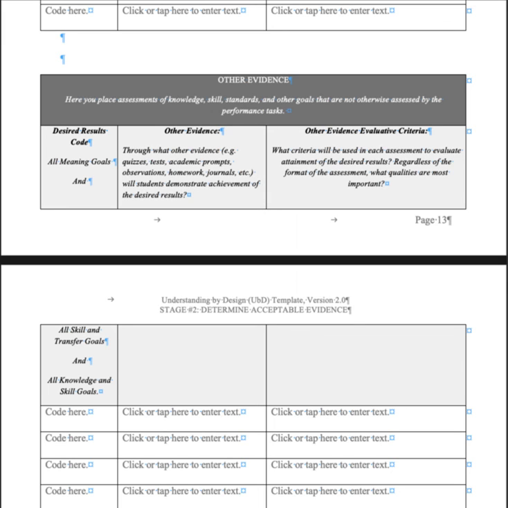Then in this next section, we are again developing evaluative criteria. This is a section for criteria that will be used in each assessment to evaluate the attainment of the desired results. Again, these are not performance assessments as they were in the previous category, or performance tasks. These are a little more cut and dried. And it goes on to say, regardless of the formats of the assessment, what qualities are most important.